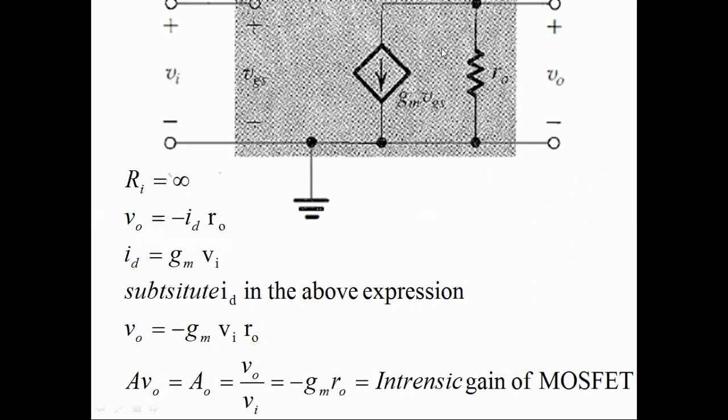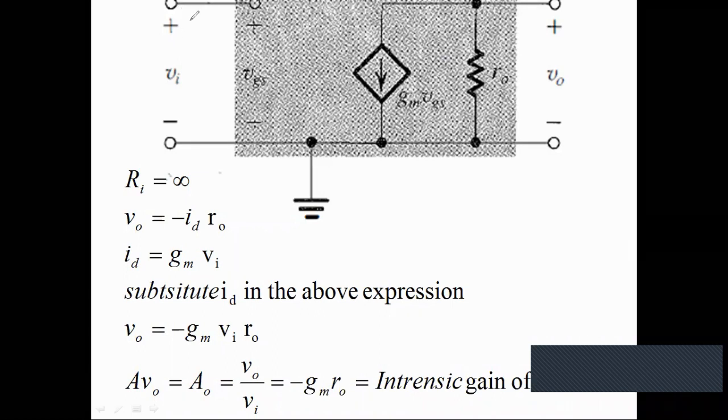Now I'm going to replace the MOSFET with the low frequency hybrid pi model. This is the circuit diagram. So this is the gate, this is the source, this one is the drain.